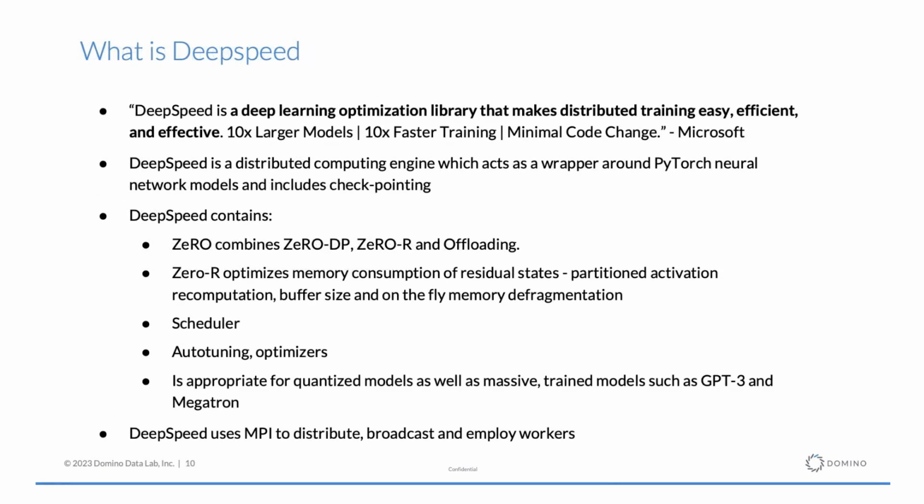So what I told you about DeepSpeed was just scratching the surface. There are a bunch of other optimizations that DeepSpeed also offers. So we went over ZeRO-DP, we went over ZeRO-R as well. What DeepSpeed gives you is also called offloading.